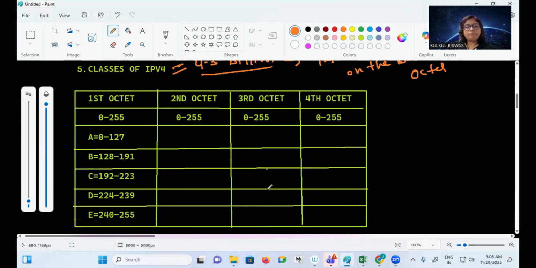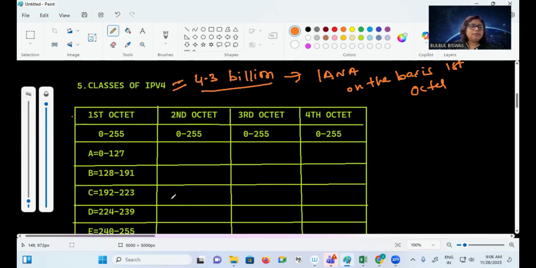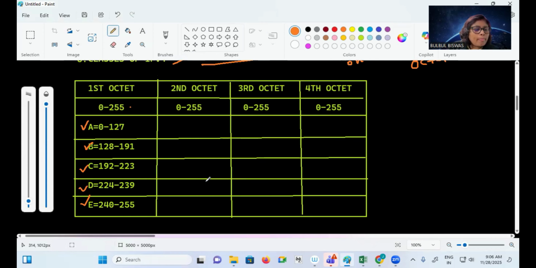As previously told, IPv4 consists of 4 octets. Here IANA has just used the first octet. How has IANA done this? IANA has made 5 classes: A, B, C, D, E. And look at it nicely.